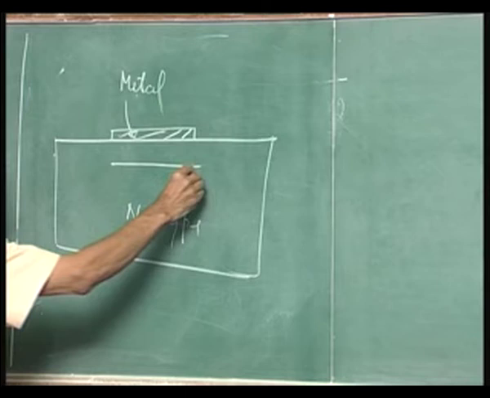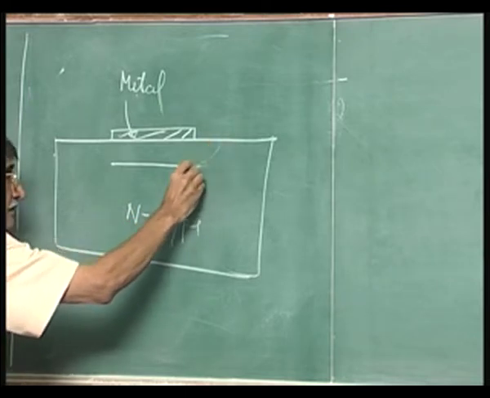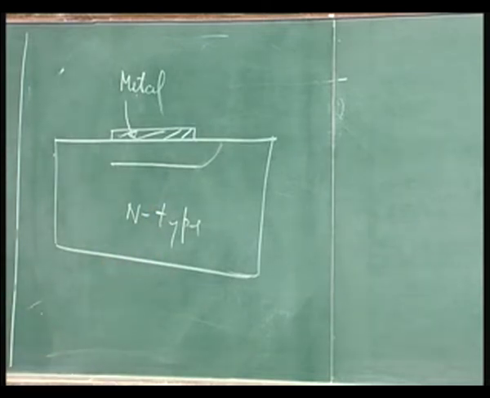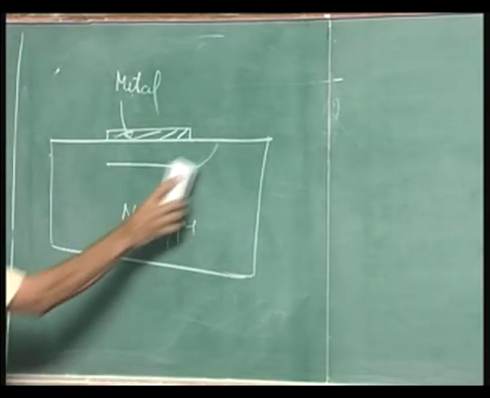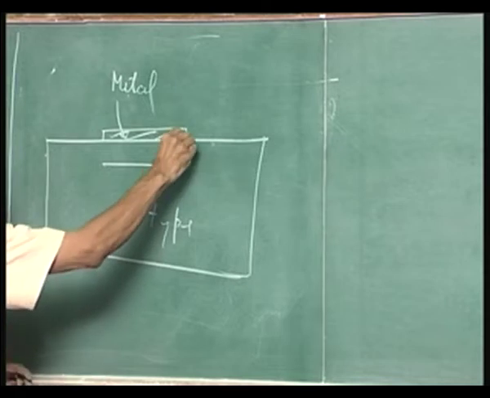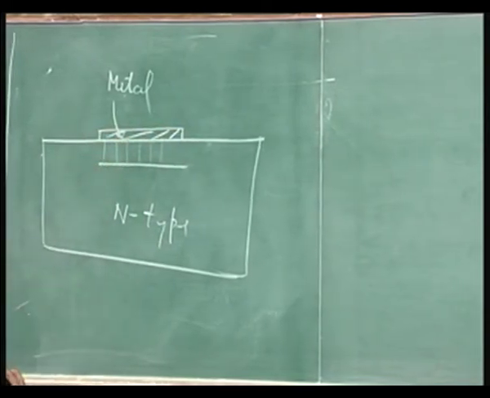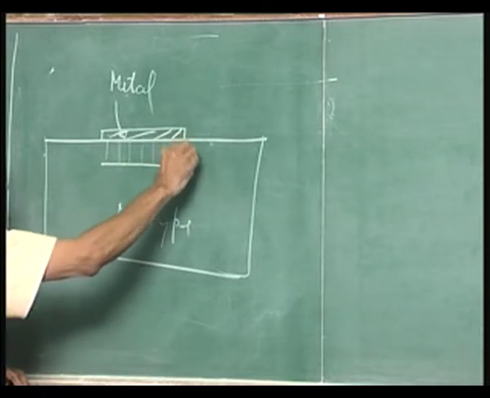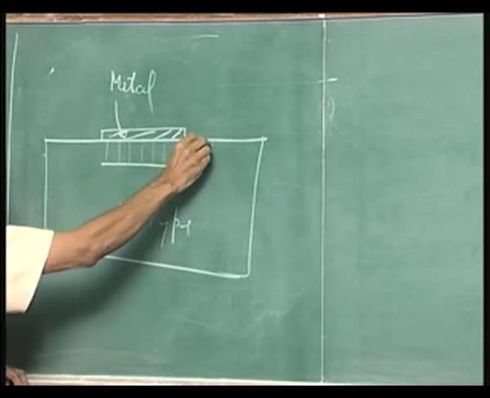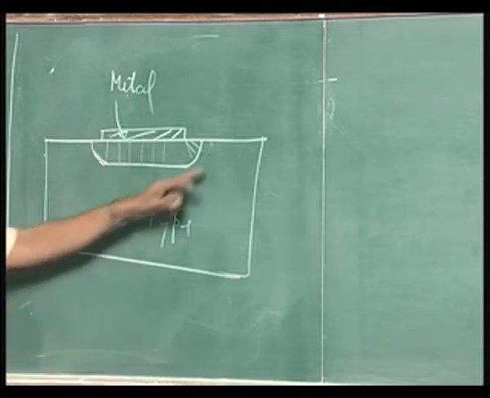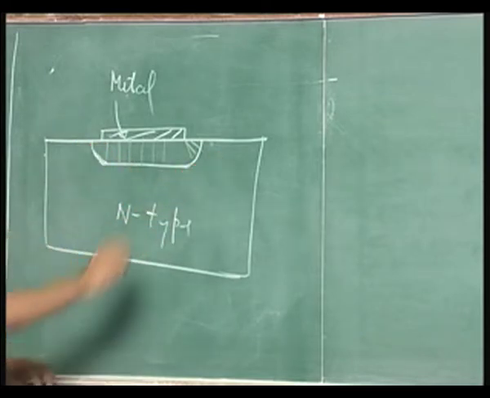If this width were going like this, then it would not have been that much of a problem, but there will be crowding here, because field lines will all be like this in this portion, whereas from here there will be field line crowding. Whether you have an accumulation layer or not, there will be a crowding effect here.